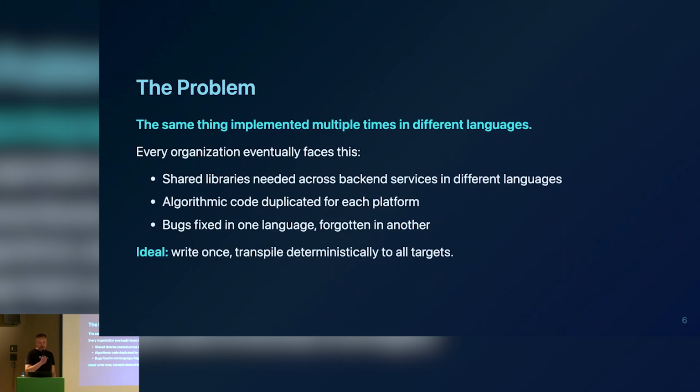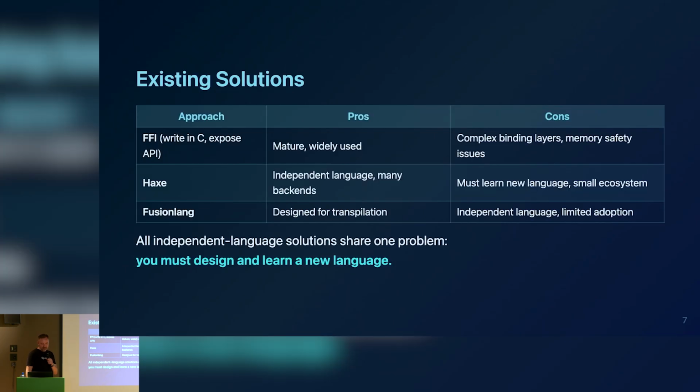You can have a shared library that will be used across different languages. But there are always problems with algorithmic duplication, and when you fix bugs in one language, there are also bugs in other languages, and so on. So ideally, it would be to have one implementation that will be deterministically transpiled to other targets.